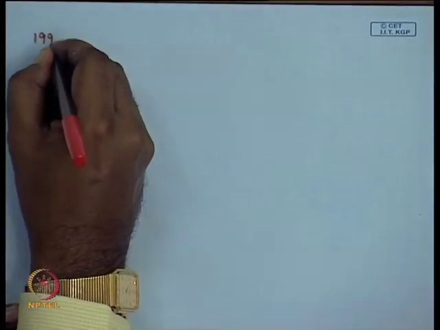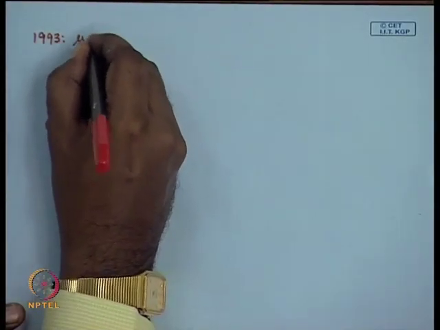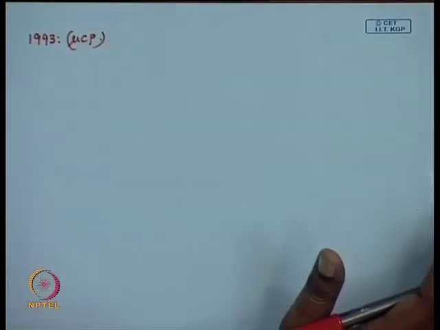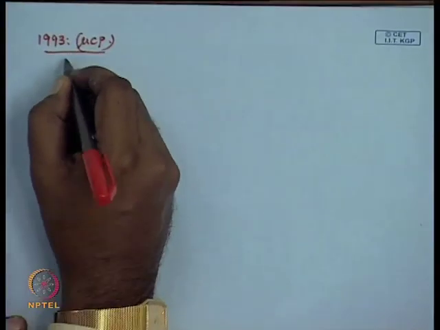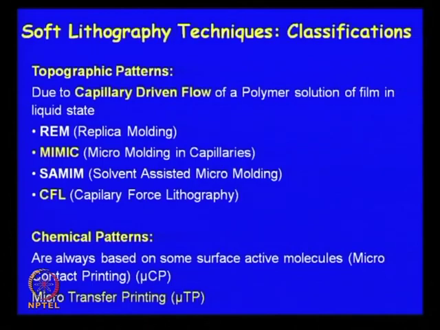In 1993, the first soft lithography method that came in was micro contact printing. Now, coming back to what will make you happy, this actually has an Indian origin, because the student associated with Whitesides who developed this technique was an Indian, Amit Kumar. So, this was the first printing technique in 1993.